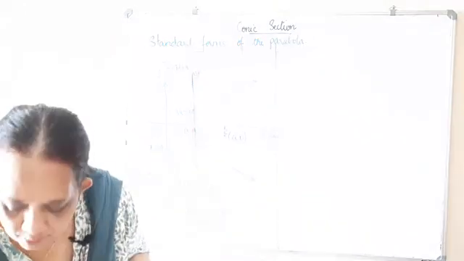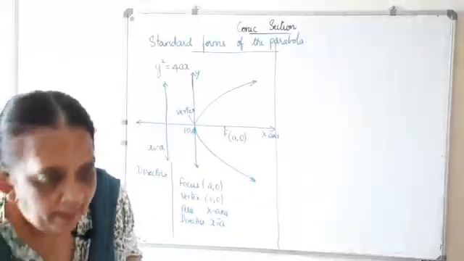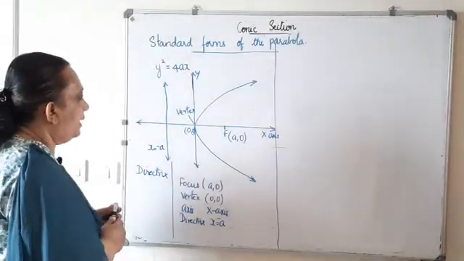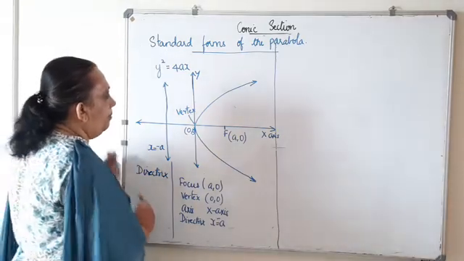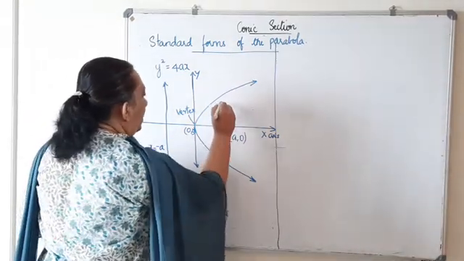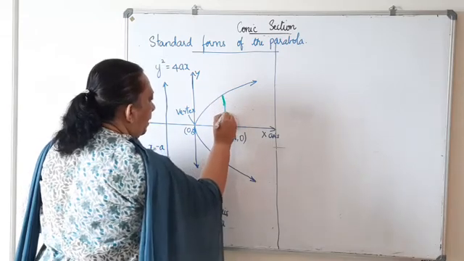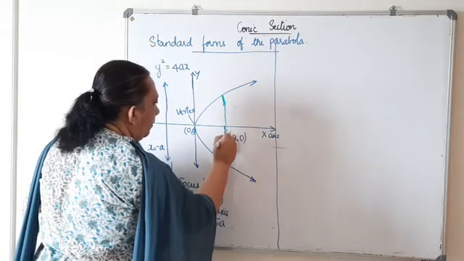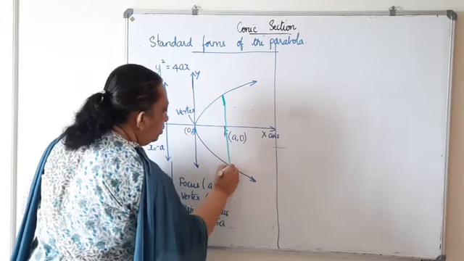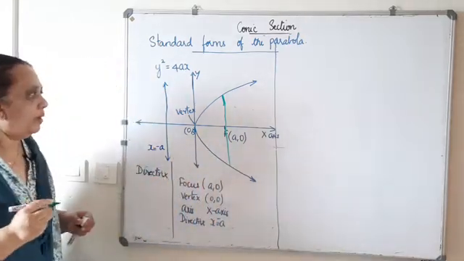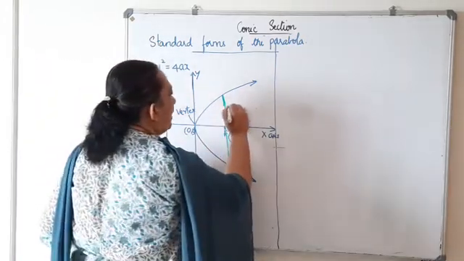Now you have one more thing, what is called as a latus rectum. Latus rectum means it is a line passing through the focus perpendicular to the axis and whose endpoints lie on the parabola. This is called as the latus rectum.